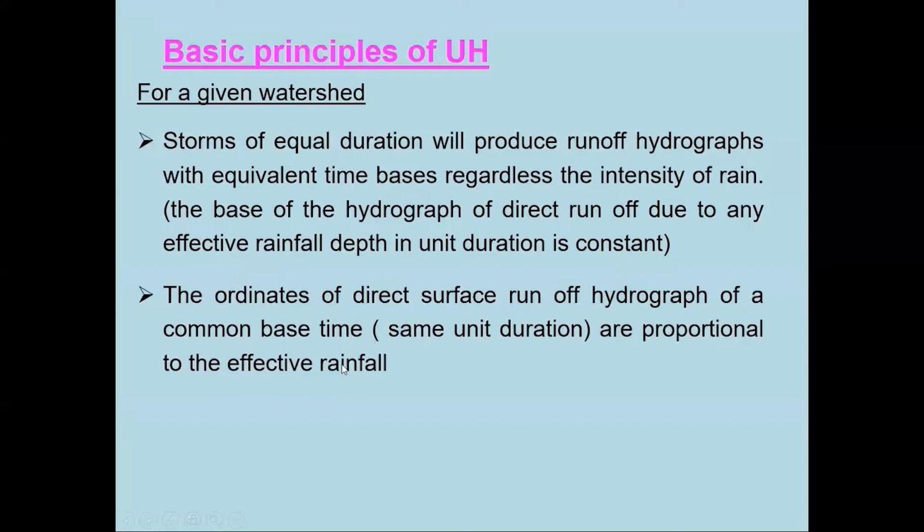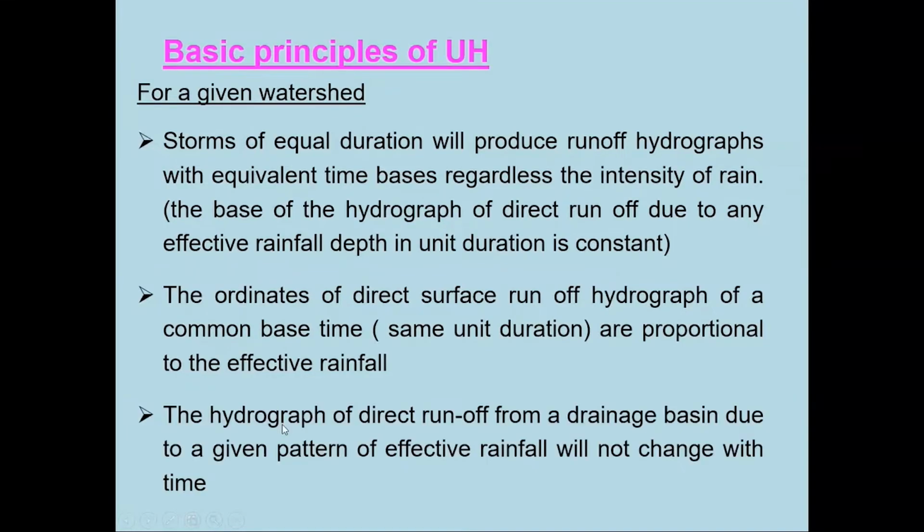Third, the direct runoff from a drainage basin due to a given pattern of effective rainfall will not change with time. What I said, in this year also it is the same. 5 years earlier it was also the same, and 5 years down the line also the shape will remain the same.